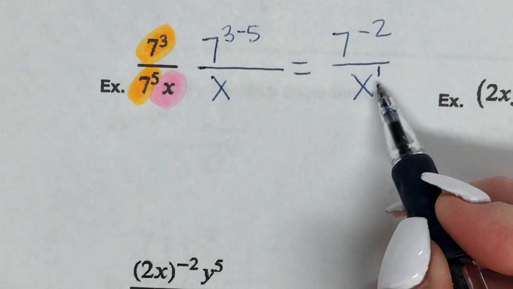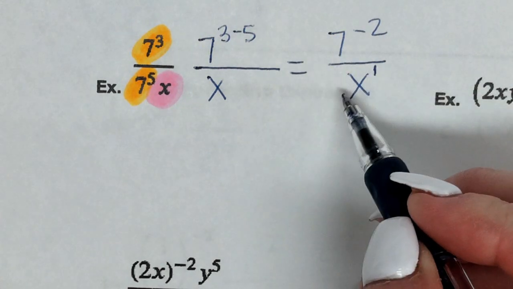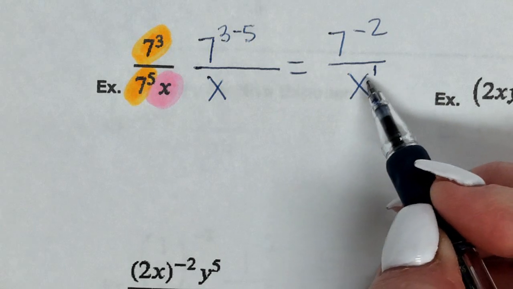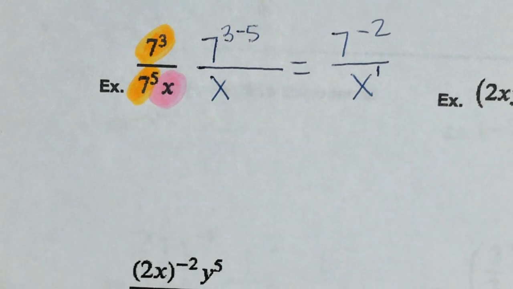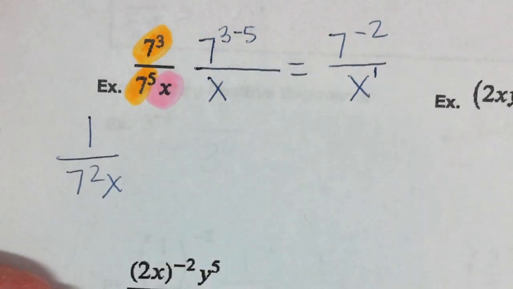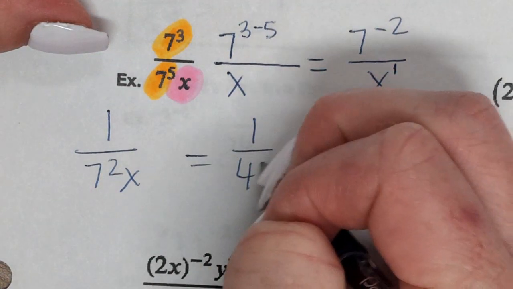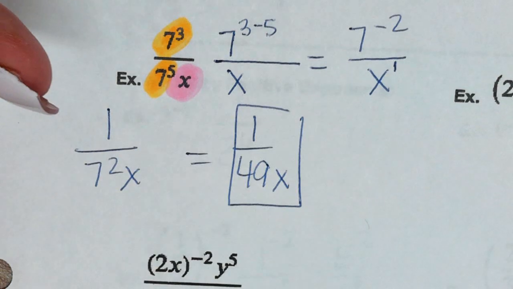This is not negative. You all agree? So this goes to the bottom, and this stays on the bottom. What's going to go on top? 1. 1 over 7 squared x. Can I expand 7 squared? 1 over 49x.